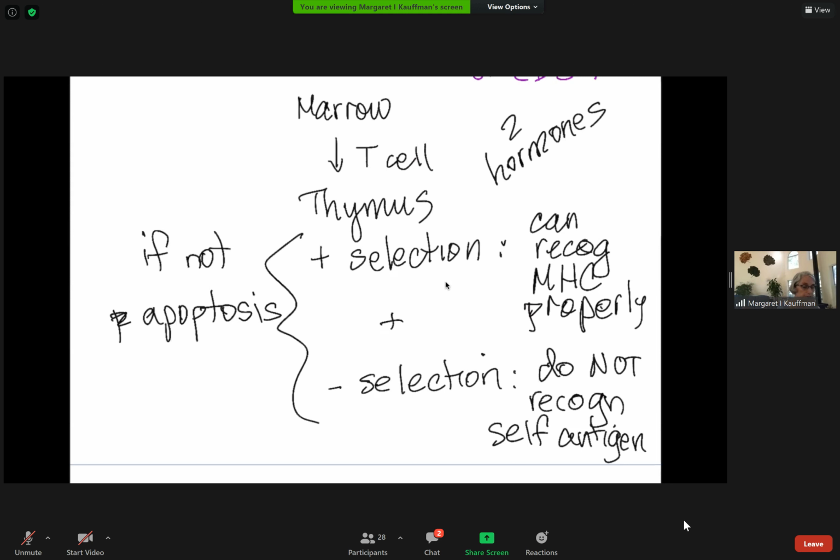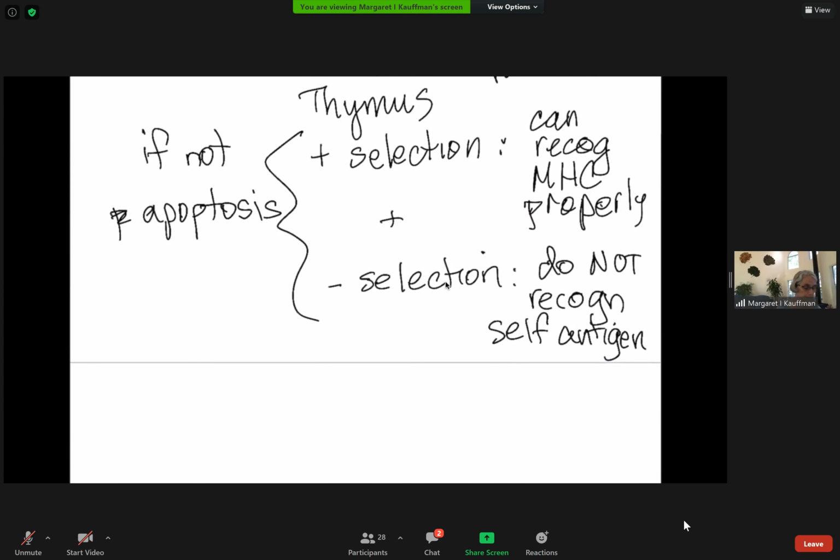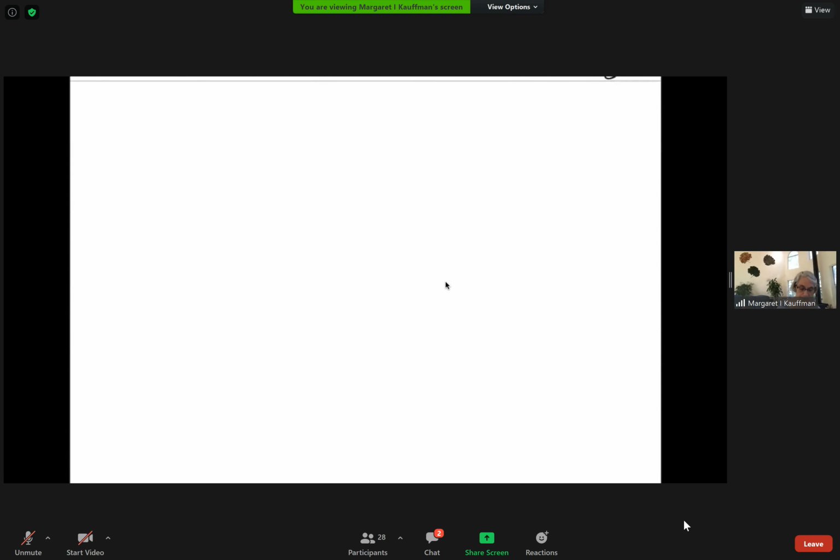And let's see, the next question is to compare and contrast the CD4 and CD8 T cells that are leaving. I name them CD4 T cells and CD8 to indicate that these guys have not seen an antigen presenting cell.